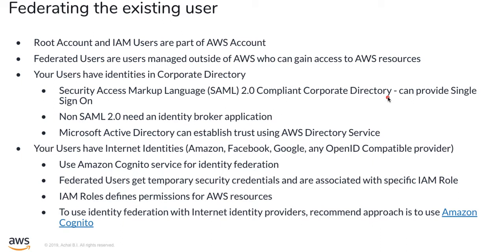If your company is not SAML 2.0 compliant, you can have a custom identity broker application to achieve similar functionality. You can also establish trust between AWS Directory Service and Microsoft Active Directory.